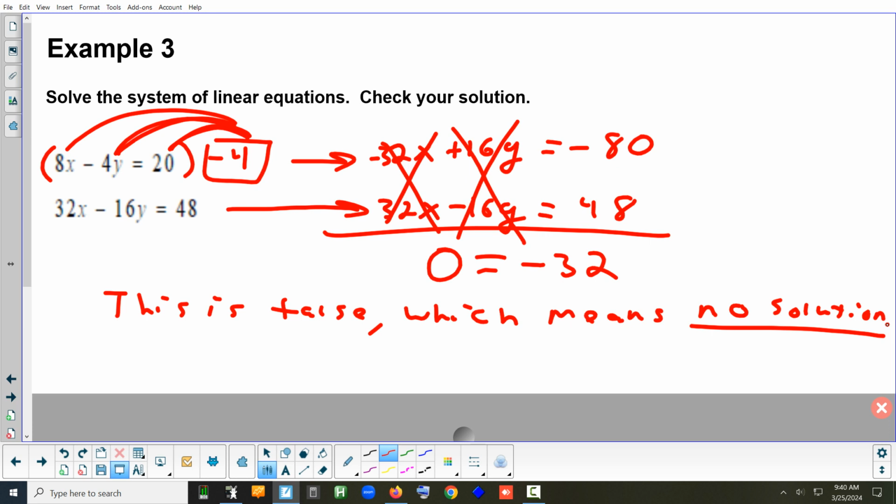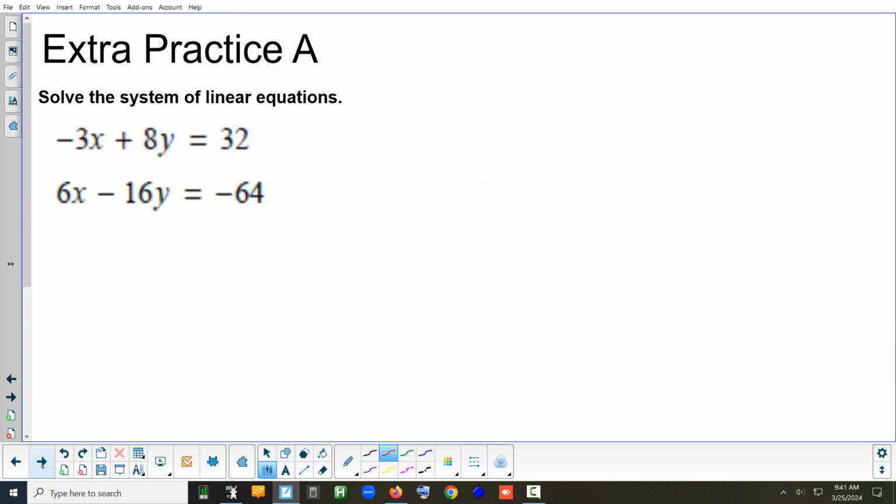Okay, any question on that? All right, I'm going to make up another one. We will do this under extra example A. I'm just going to change this.